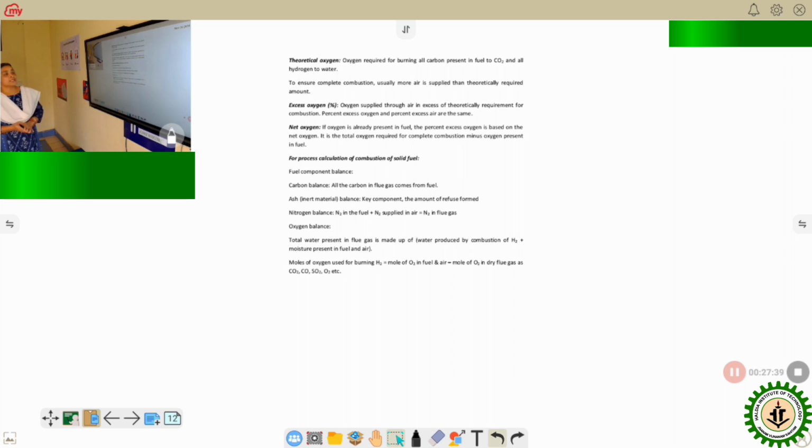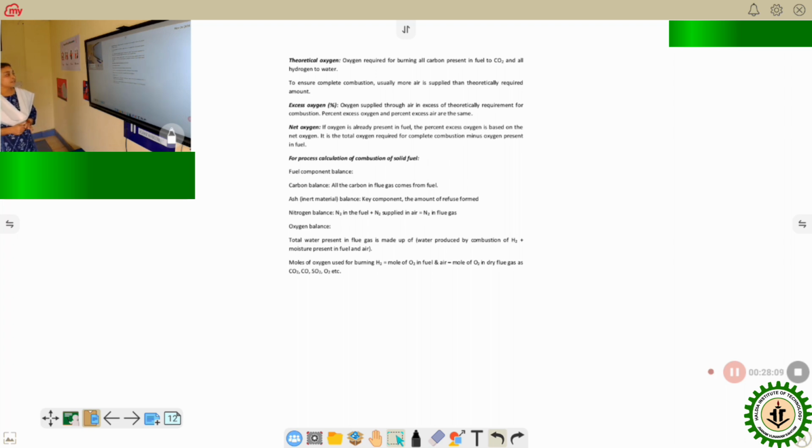S can be considered as the key component of the reaction, as it is not changing after reaction. So the amount of refuse formed or some unburned carbon is found from the S balance. Then nitrogen balance. Nitrogen in the fuel plus nitrogen supplied through air will be equal to the nitrogen in the flue gas. Then oxygen balance.